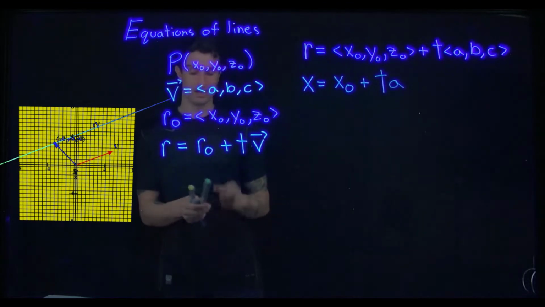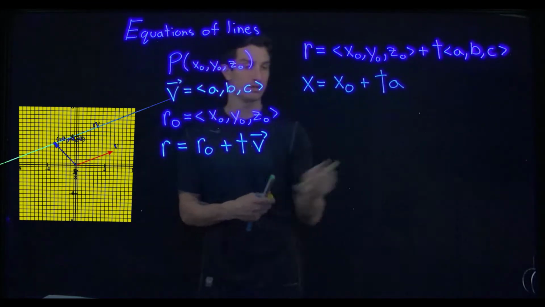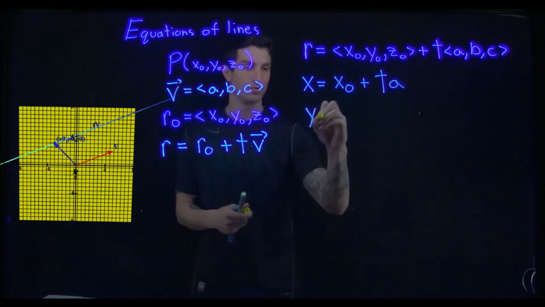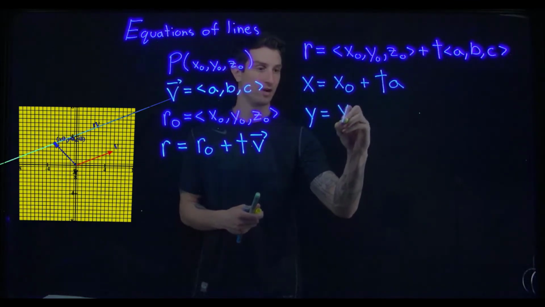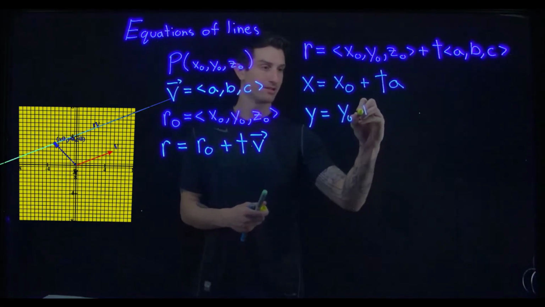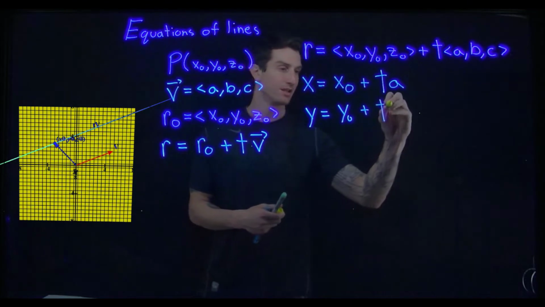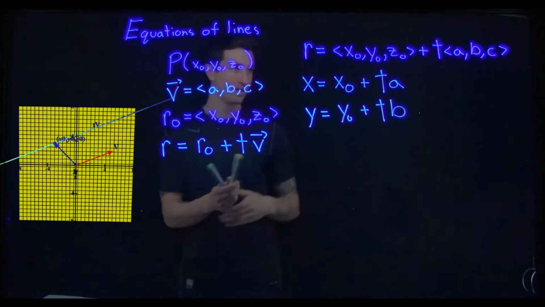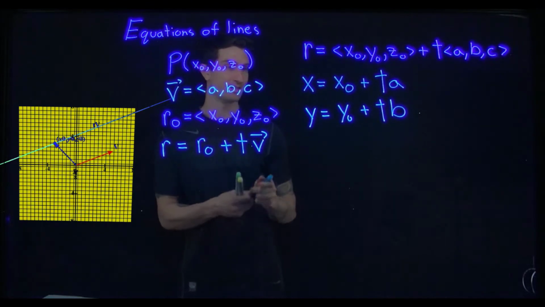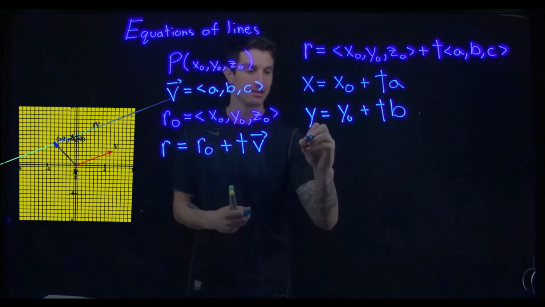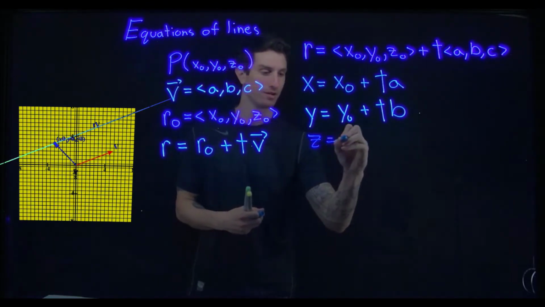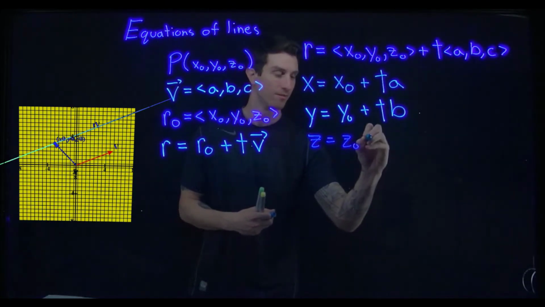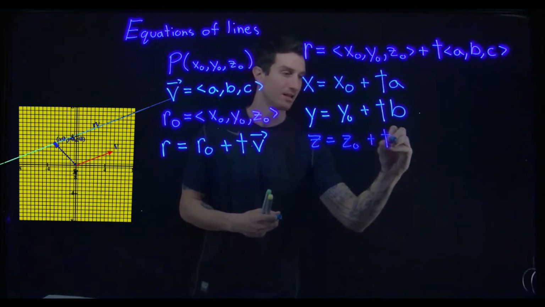And we can define y equal to the same thing, y naught plus the scalar t times b. I'm doing my best to make my t's and my plus signs look different. And lastly, z, same idea. z is equal to z naught plus t times c.